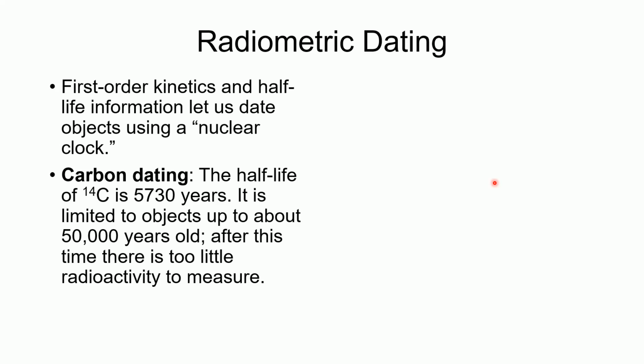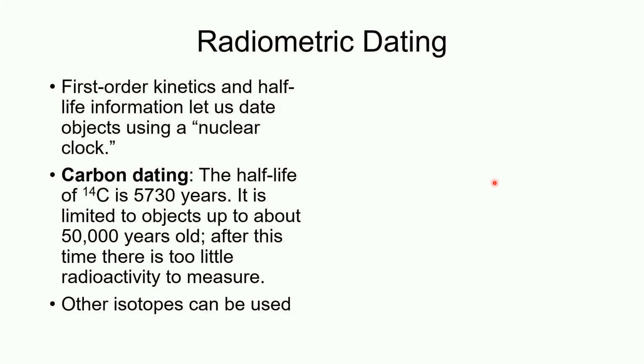Now, the further we get away from that 5,700 years, then the more uncertainty we have. But we can get a pretty good estimate, and this is a good way of looking at prehistory things and determining if they match a certain age range.